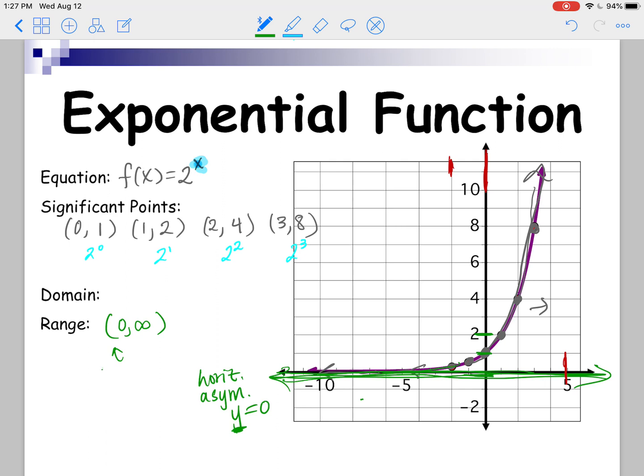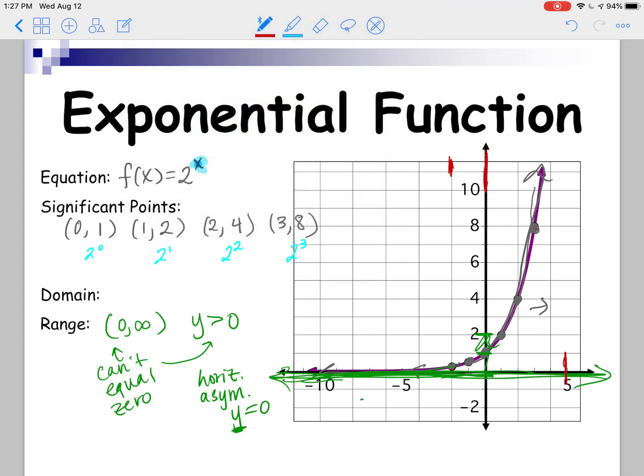That's the difference here, y can't equal 0. And so in inequality notation, we are not going to have the line. Our range goes from 0 to infinity, not including the 0. We have to stay strictly above the horizontal asymptote.